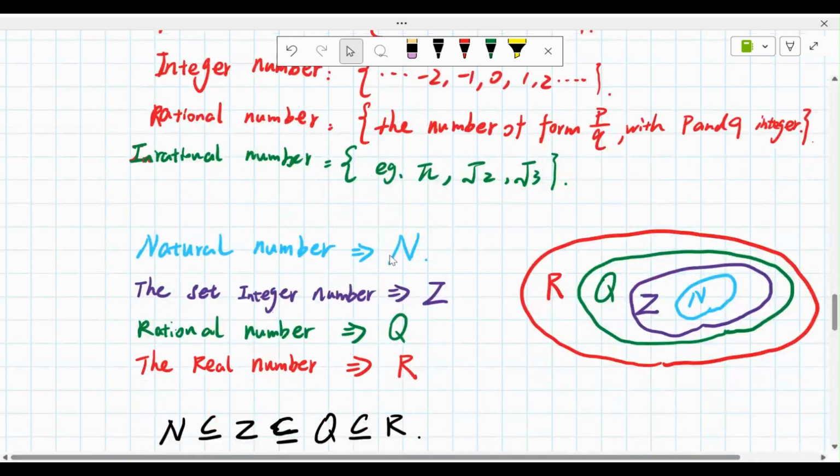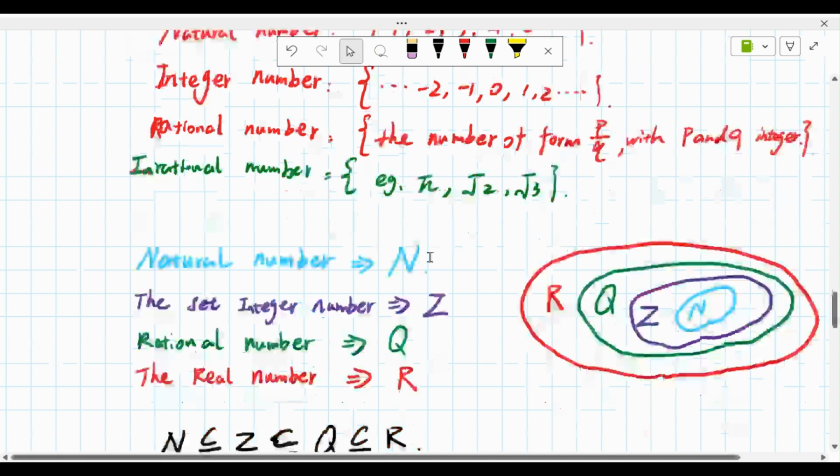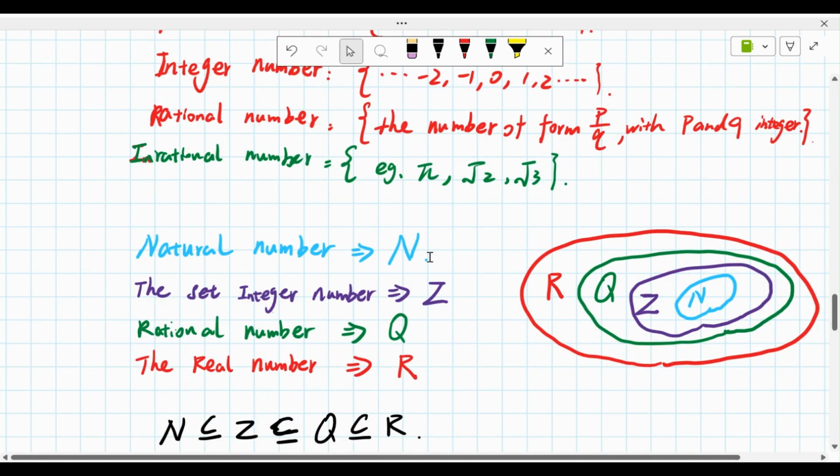Natural number is represented by N, which is all x in positive integers, and integer number we represent with Z. A rational number is represented by Q, a number that can be written as a fraction p over q, where p and q have to be integers.